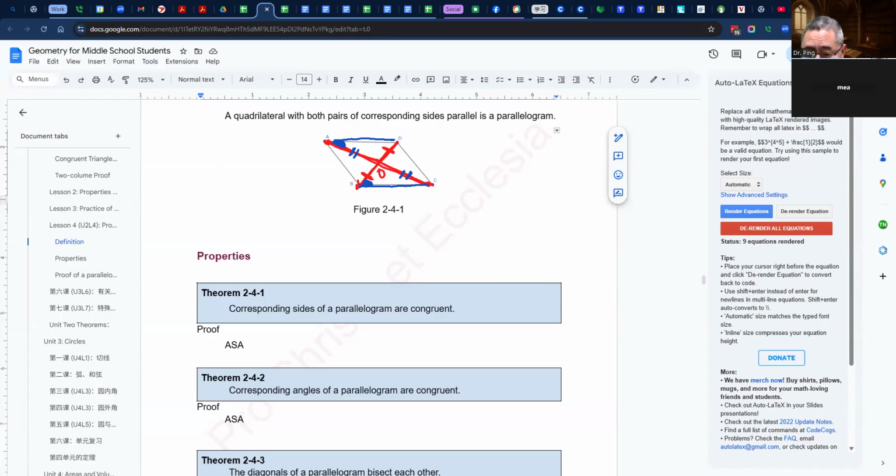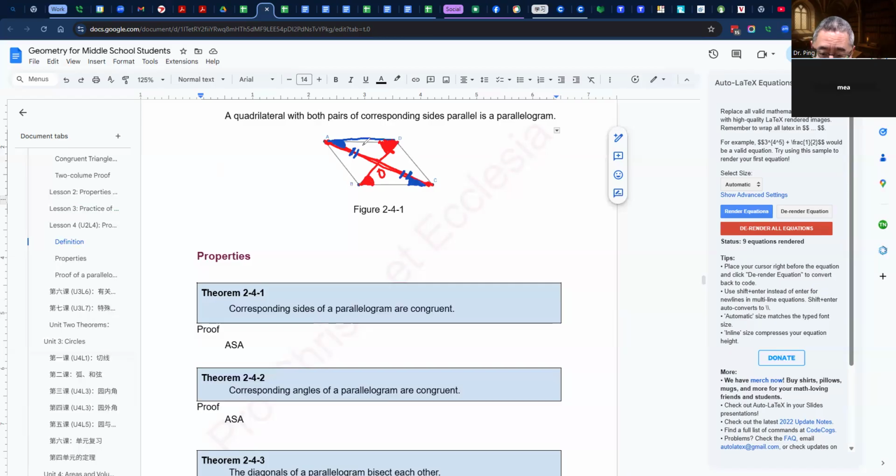And also this blue angle and this angle are alternate interior angles. And then we also know this side is congruent to this side.